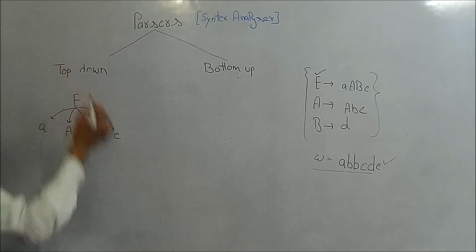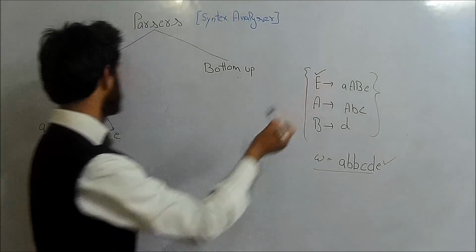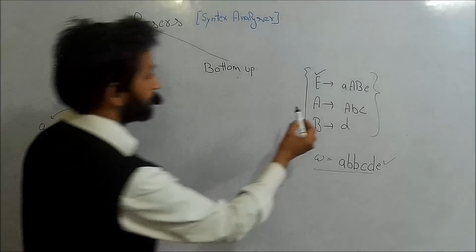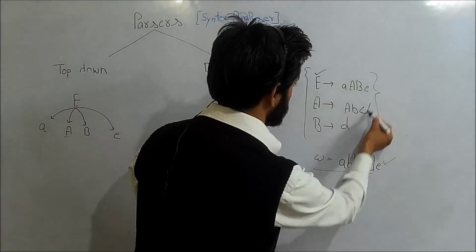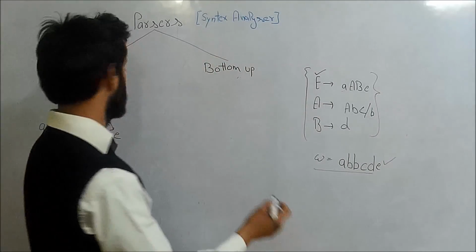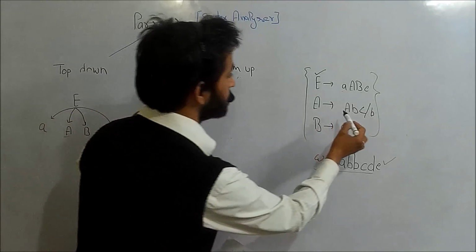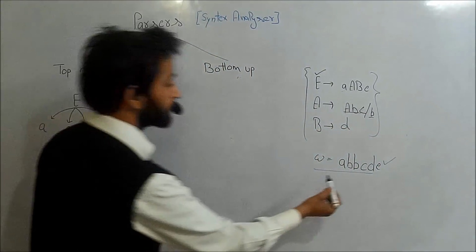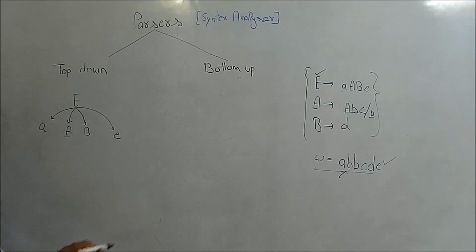I am repeating. In top-down parser, we will start from the top, that is the start symbol, and move downward. And here at A I have to choose. One thing I have missed, that there is a B. At A I have a choice that I can use either this production or this production. Depending on the string, I have to make a choice in the top-down parser.